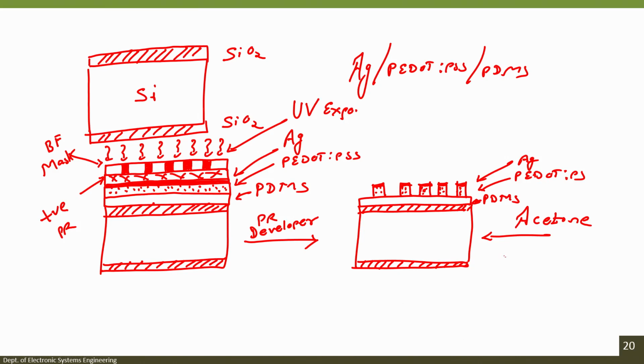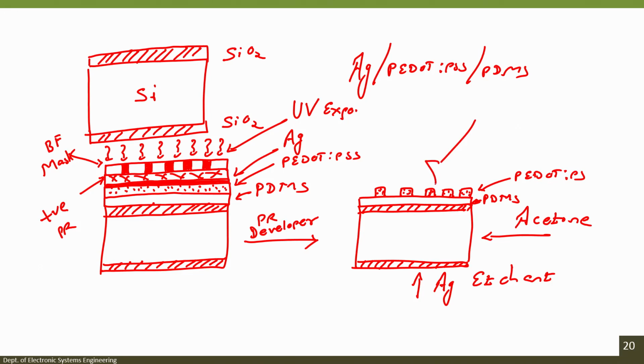So, after this acetone dipping, we will dip this wafer in Ag etchant. Silver etchant, if I go for silver etching, what will I have? I will have only PDMS on which the PEDOT:PSS strain gauge is patterned.